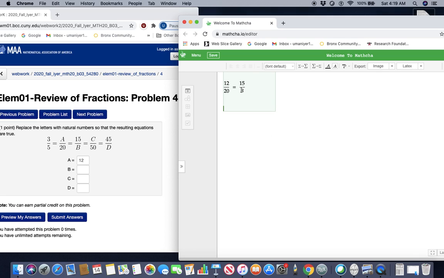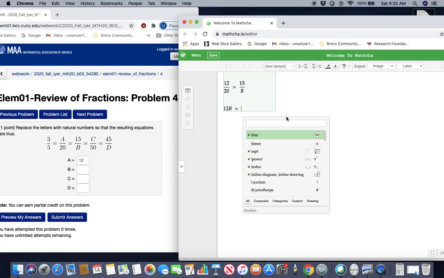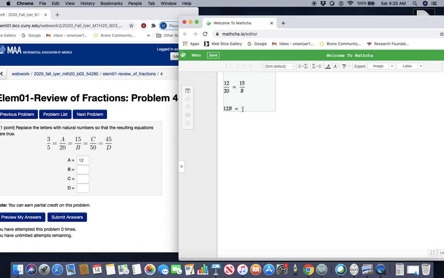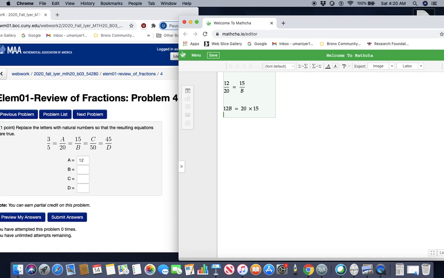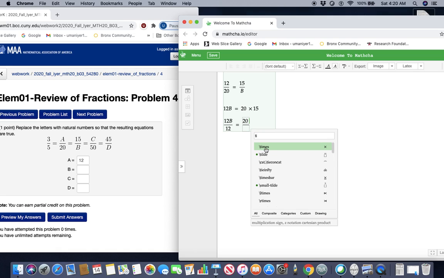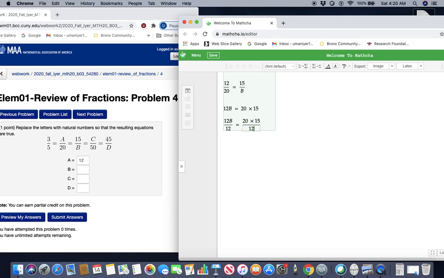Again, cross multiply. 12 times b equals 20 times 15. Divide both sides by 12 to isolate b. So that's the fraction 12b over 12 equals the fraction 20 times 15 over 12. Now we start reducing. 12 reduces 12 entirely.